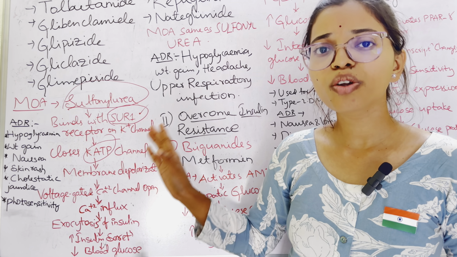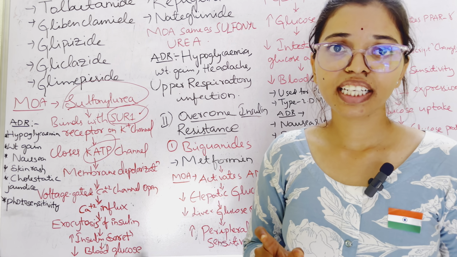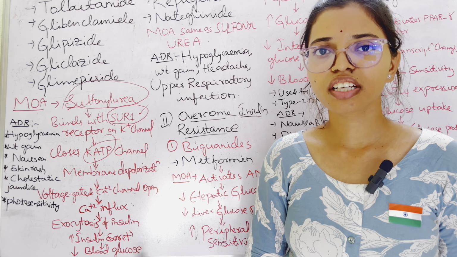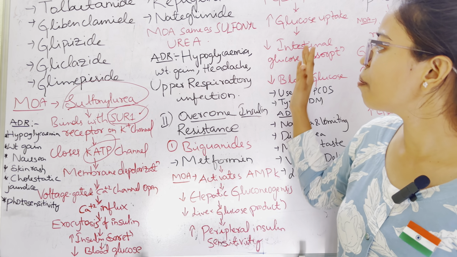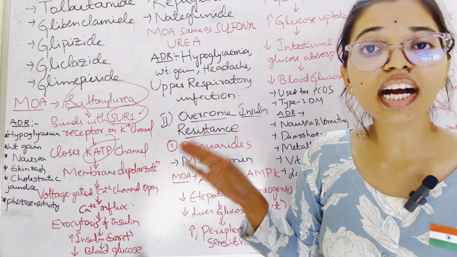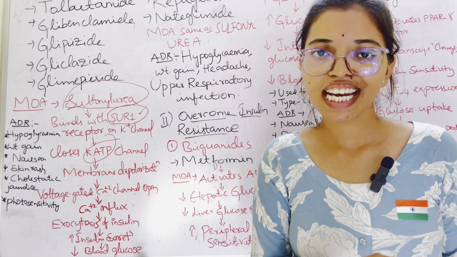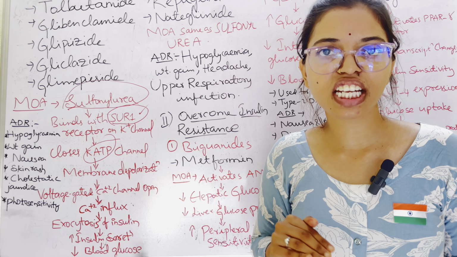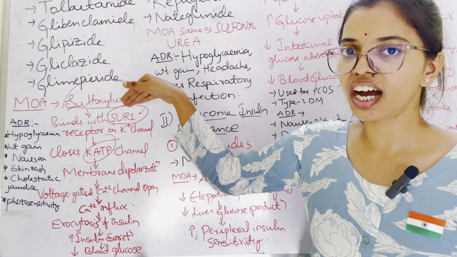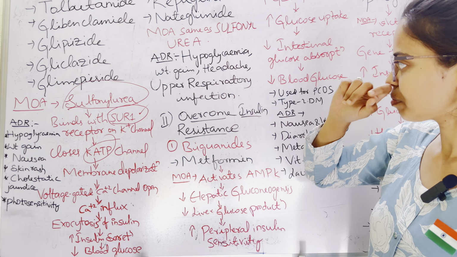But meglitinides are rapid, with short action. So meglitinide has a risk of hypoglycemia, but less risk as compared with the sulfonylurea, due to its rapid action.